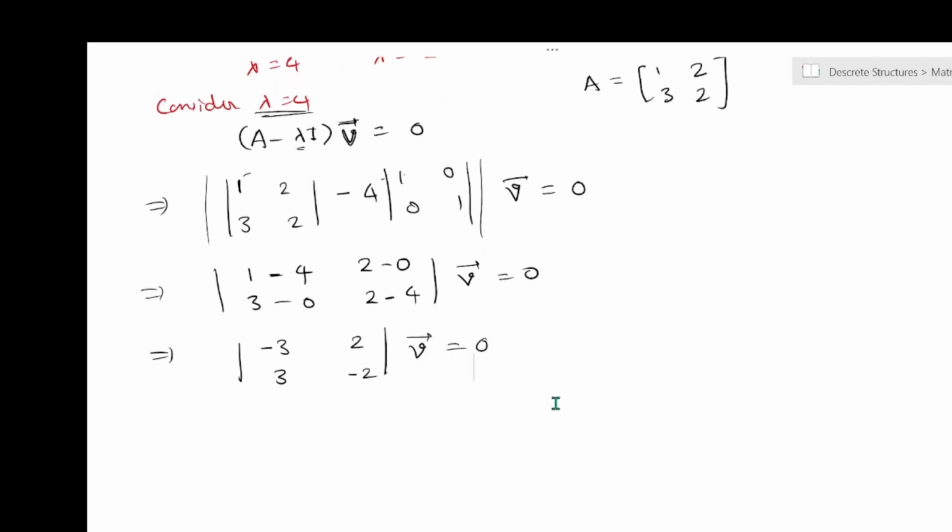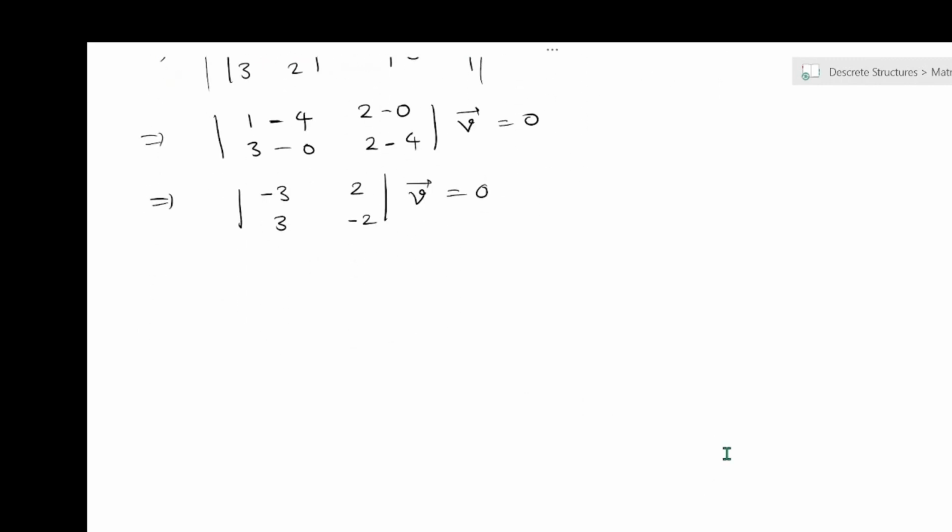Now in order to find the value of this vector, let me consider it as v1 and v2.